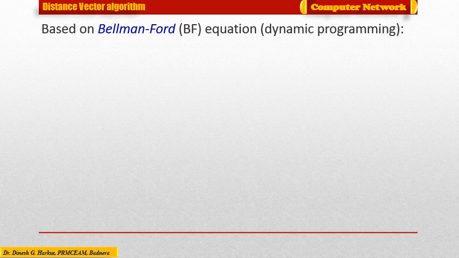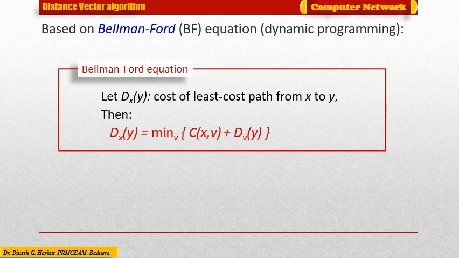Before we dive into the details of the distance vector algorithm, it will prove beneficial to discuss an important relationship that exists among the costs of the least cost paths. Let dxy be the cost of the least cost path from node x to node y.